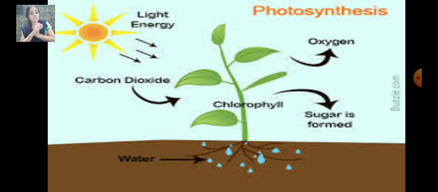The rest is changed into a substance called starch, which is stored in the fruits, seeds, leaves, roots and stems. So when we eat food from plants, we actually get sugar, starch and other substances that the plants make for themselves.